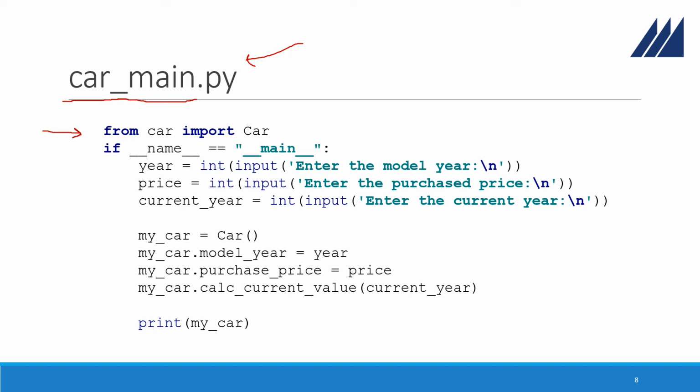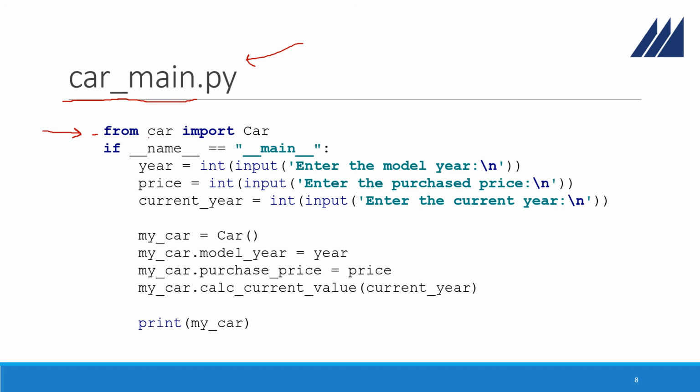At the beginning of my car_main file, I'm going to tell Python to import the class car. The way to do it is to say from, and then you specify the file name. If you remember the previous slide, the file name was car.py, with car all lowercase. That's the name of the file.